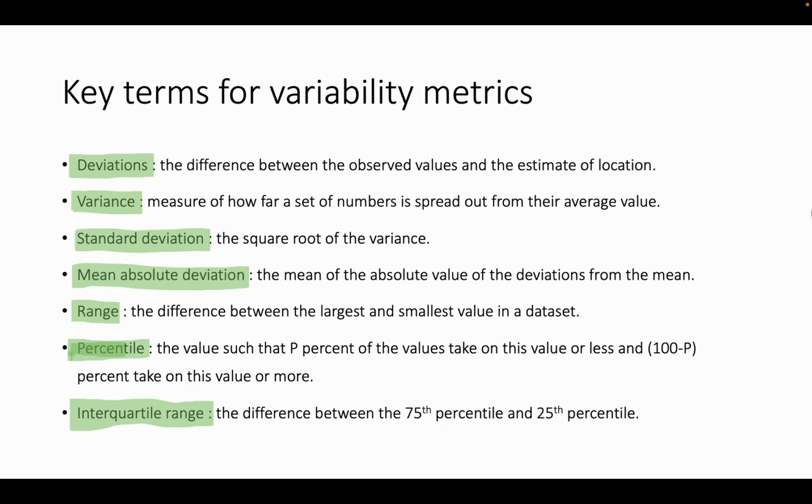Variance is a measure of how far a set of numbers is spread out from their average value. Then we have standard deviation, which is the square root of the variance. Then we have mean absolute deviation, which is the mean of the absolute value of the deviations from the mean.